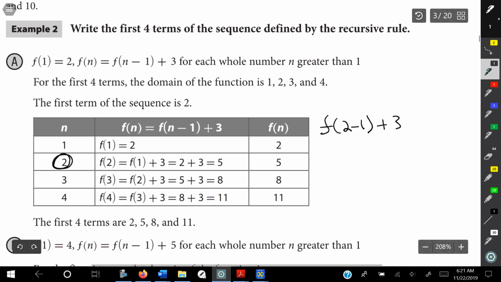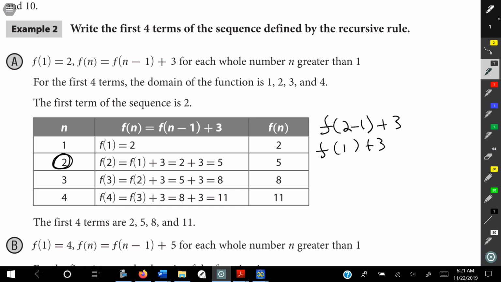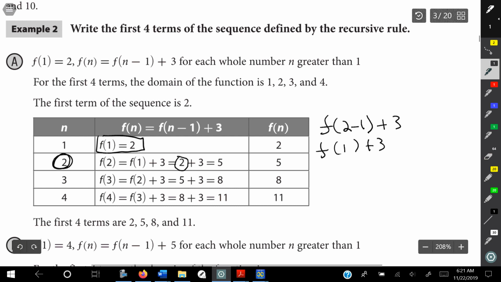And then when you subtract the 1, what you end up with is f of 1 plus 3. So what is f of 1? Well, f of 1, as you can see right here, is 2. So when they plug in f of 1, what they're really plugging in is 2. And then they're doing 2 plus 3, which is 5.